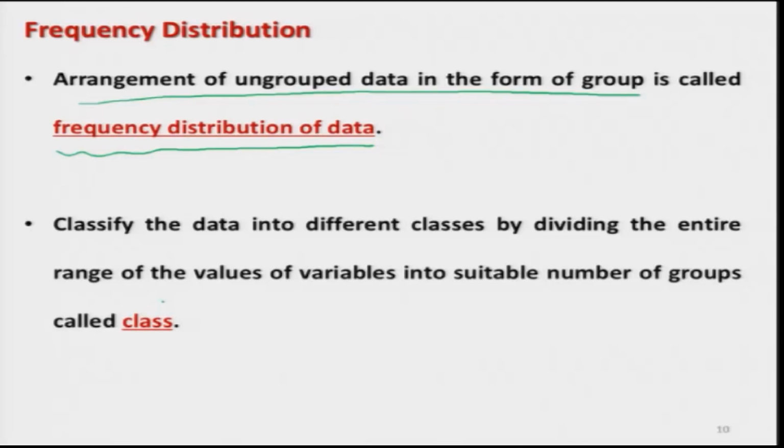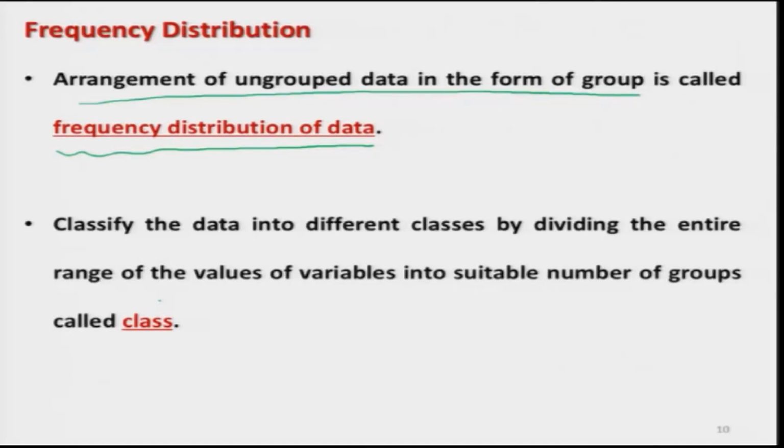For example, these groups A1 and A2 are not coming from the sky. You are the one who created these groups as pass or fail. So, I divide the entire data into different groups, and these groups are called classes. The meaning of a class is simply a group, and for the given set of data we always try to create a suitable number of groups.